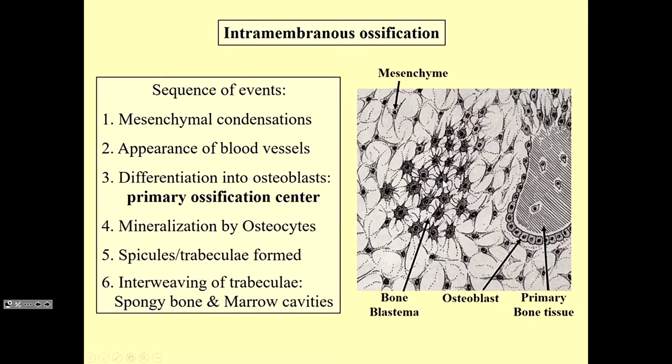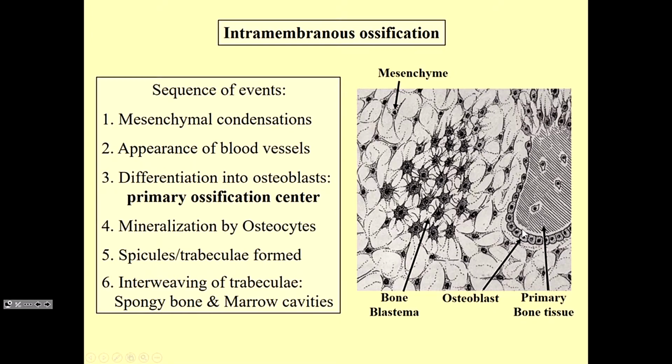So they're differentiated into an osteoblast, but they haven't secreted enough of the osteoid to show what would appear to be a normal piece of bone. These bone blastema osteoblasts then may appear thus next to a piece of bone where they are secreting the osteoid, shown here.